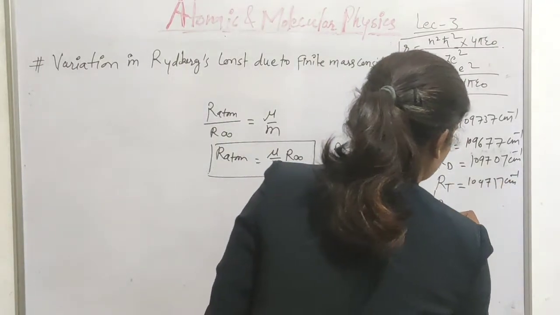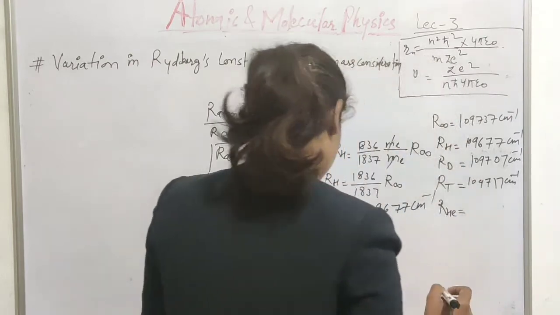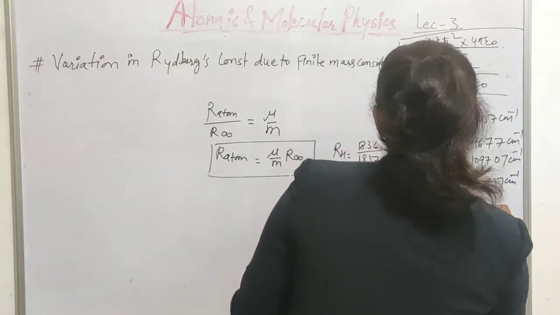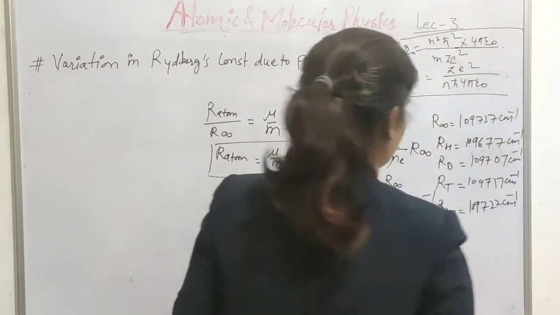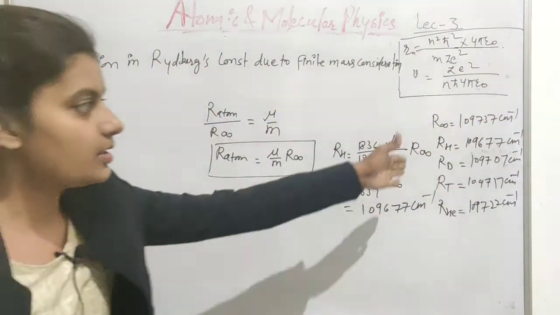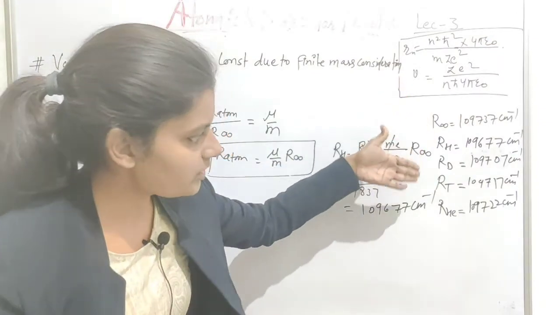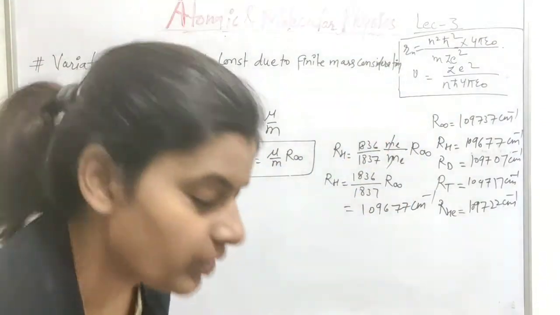For helium, its value is 109722 centimeter inverse. So this is the variation in the value of Rydberg constant.